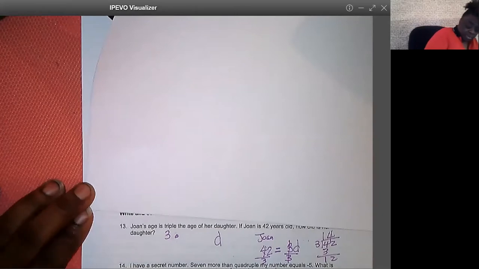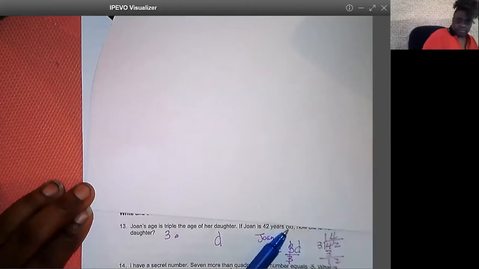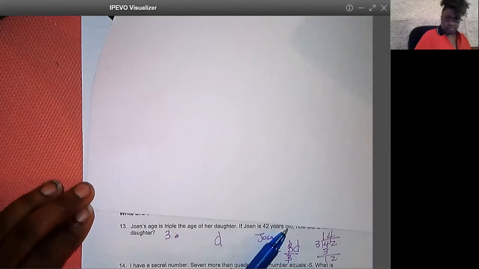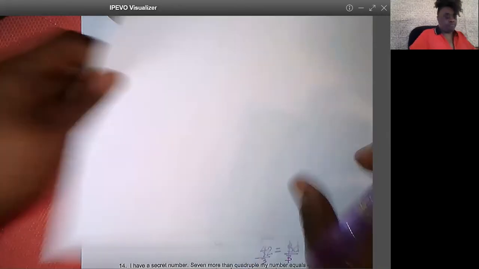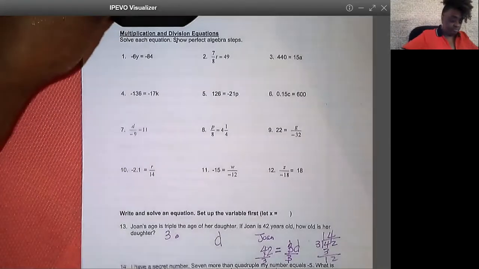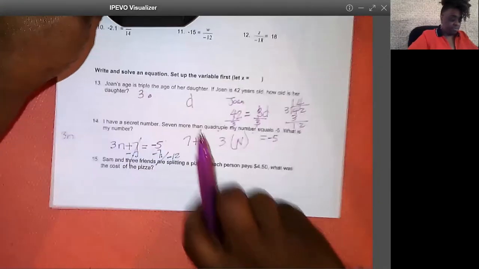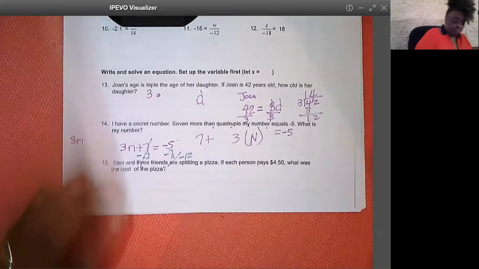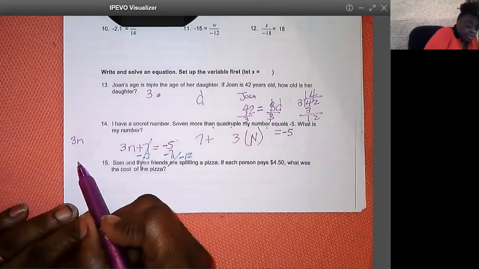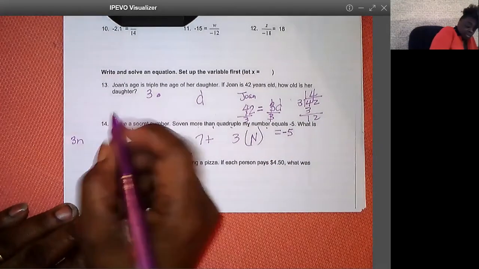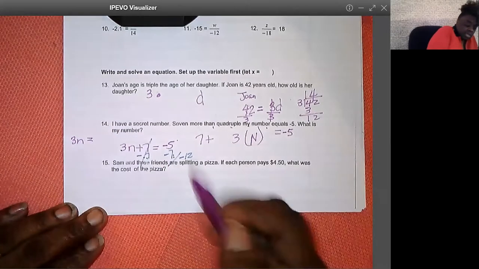Which leaves us with 3n equals negative 12.